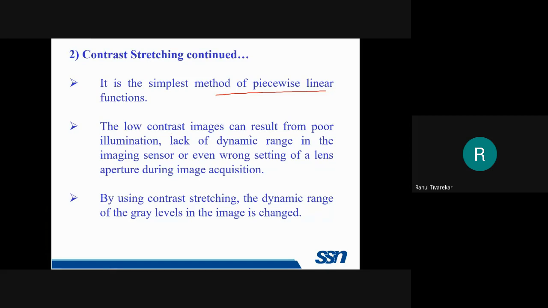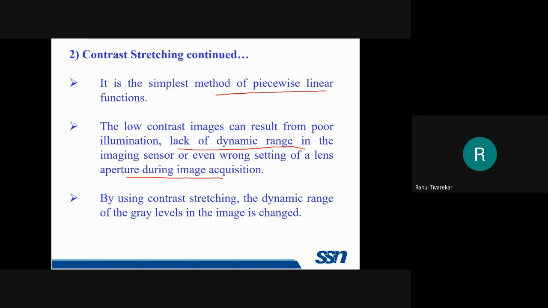Low contrast images result from poor illumination, lack of dynamic range in the image sensor, or wrong setting of the lens aperture during the acquisition of the image. There may be various reasons why you have a low contrast image, why your image looks bright or dark.